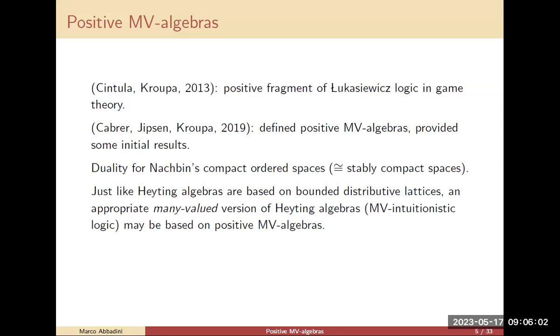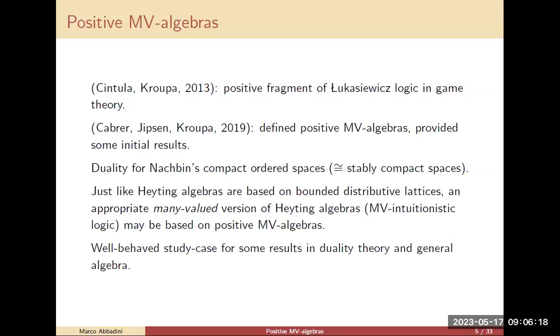Maybe an appropriate many-valued version of Heyting algebras may be based on positive MV-algebras. So, say, an MV intuitionistic logic may be based on these algebras called positive MV-algebras. In general, for me, these are interesting because they're very well behaved. They're also complex enough to be a good study case for some results in duality theory and general algebra.